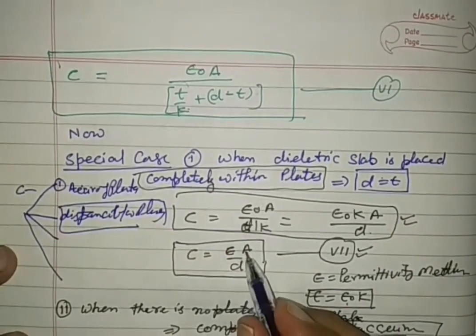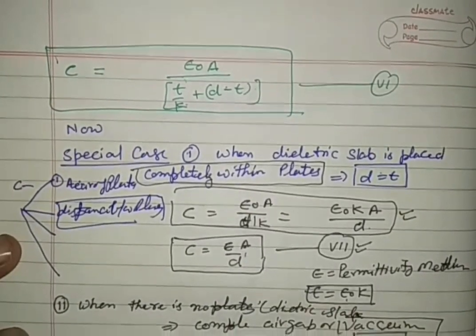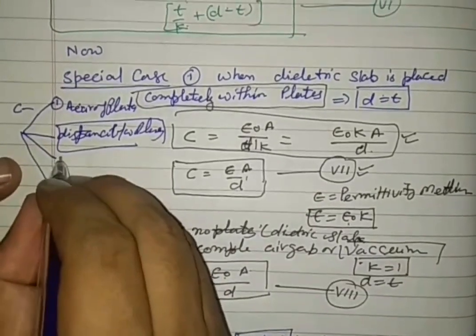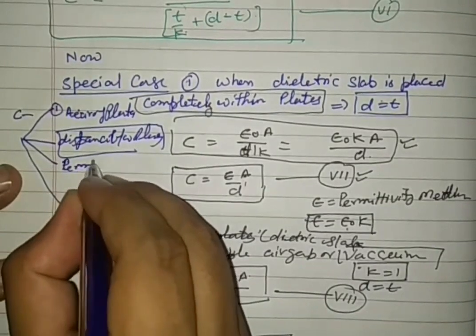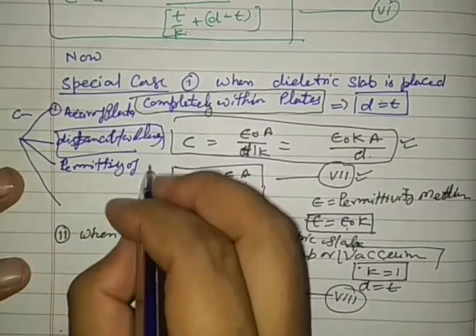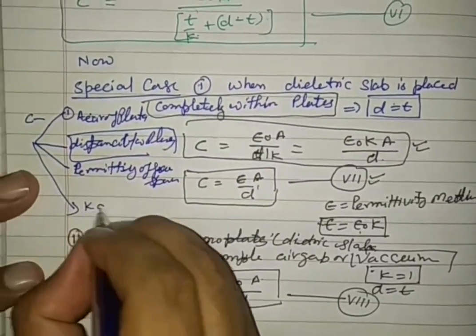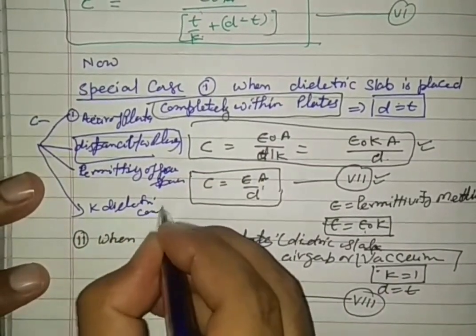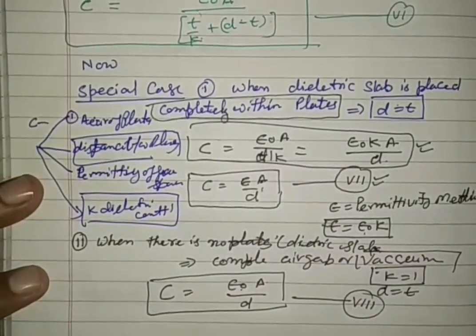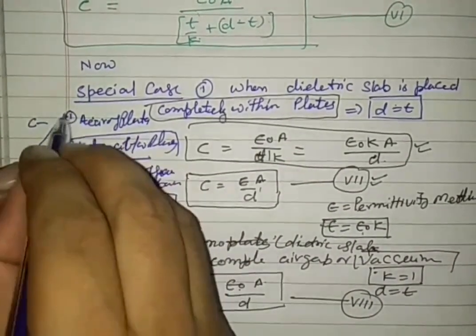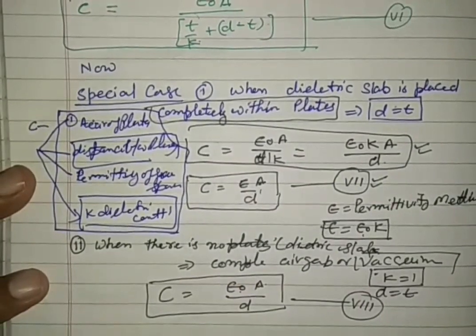It is directly proportional to the area of plate and inversely proportional to the distance between plates, and also epsilon 0, the permittivity of free space, and K, the dielectric constant. So the dielectric slab which is placed, its dielectric constant is effective. These are the 4 parameters on which the capacitance of a parallel plate capacitor depends.